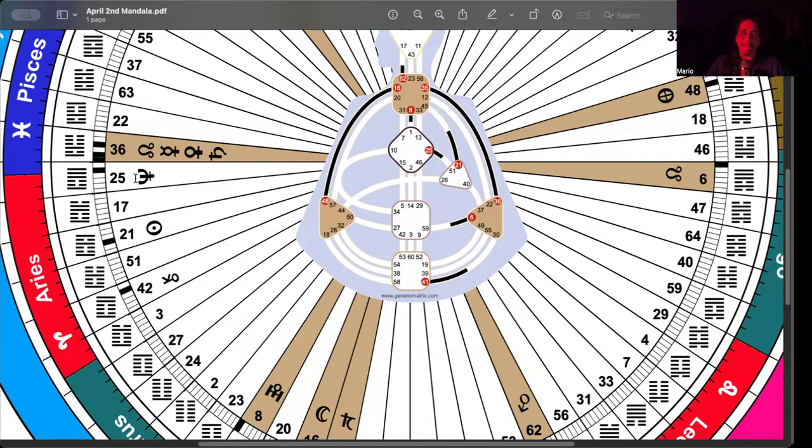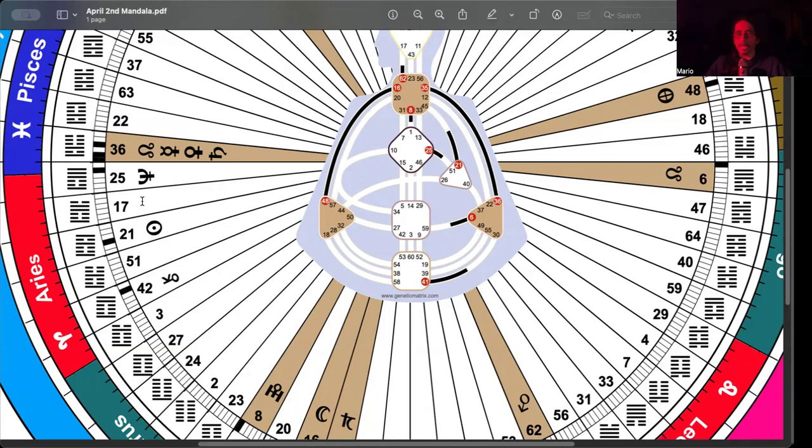Today is Wednesday, April 2nd. This is a very important day. Our president's going to announce some themes having to do with the tariffs, so we'll see what happens today.